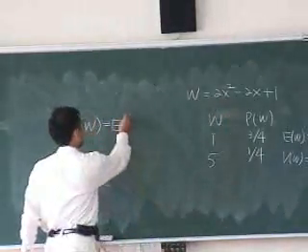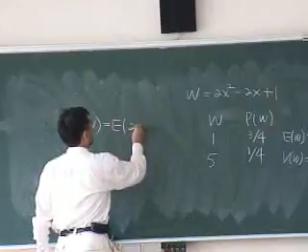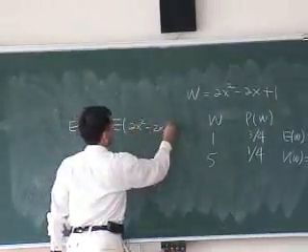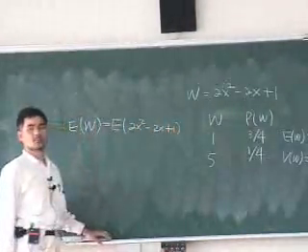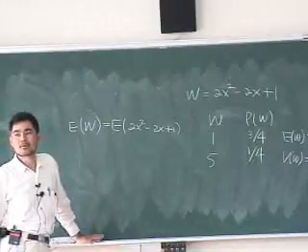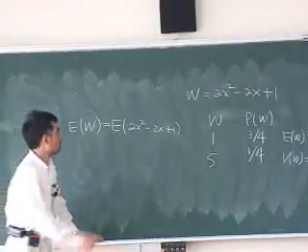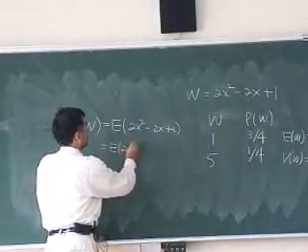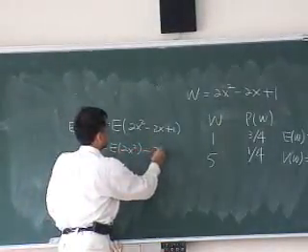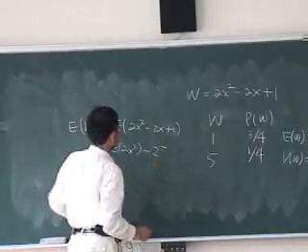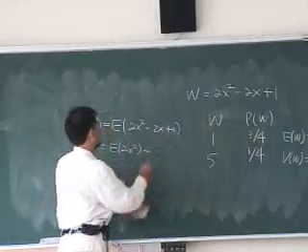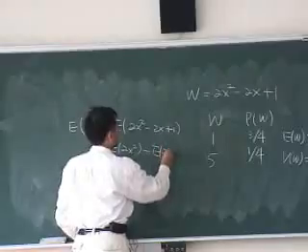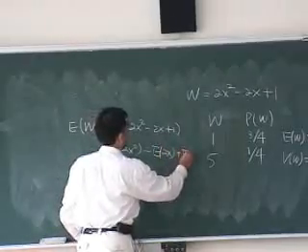Okay? Any questions? So it is going to be the expectation of 2x squared minus the expectation of 2x plus the expectation of 1.